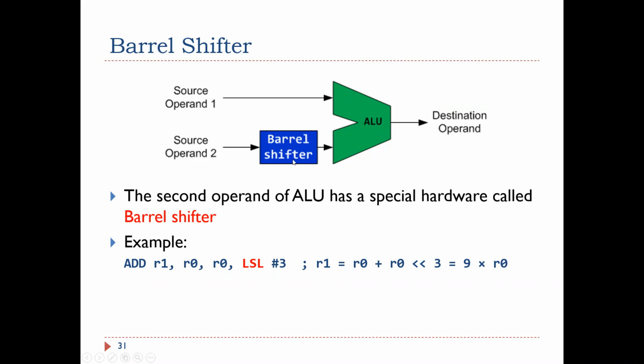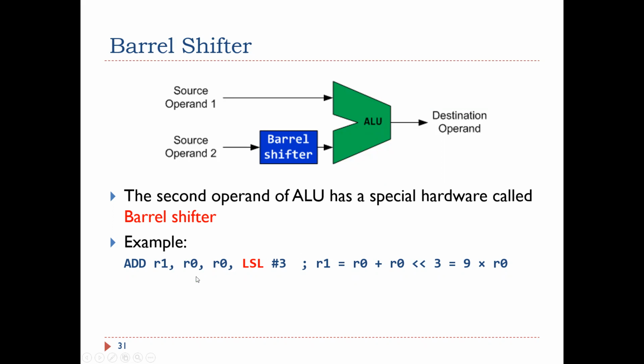You can use the barrel shifter to do this kind of multiplication that we have seen here. We're multiplying by 9, but actually we're shifting 3 times and adding it to R0, and we get exactly the same result. So rather than spending 3 clock cycles, we can complete it in 1 clock cycle.